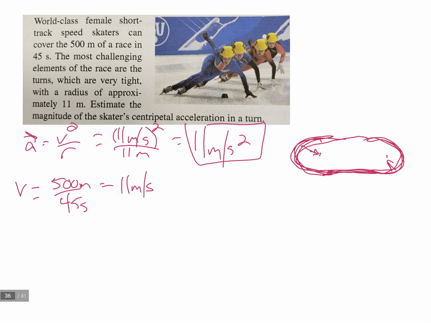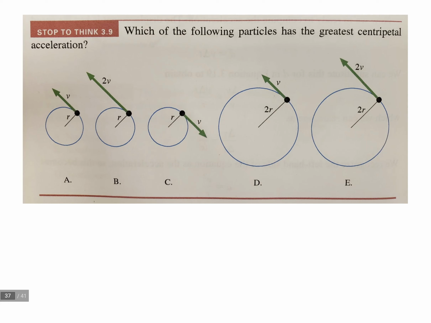Okay, so let's take a look at this problem. Which of the following particles has the greatest centripetal acceleration? So take a look at it, think about it. This is a conceptual situation. Come up with an answer.